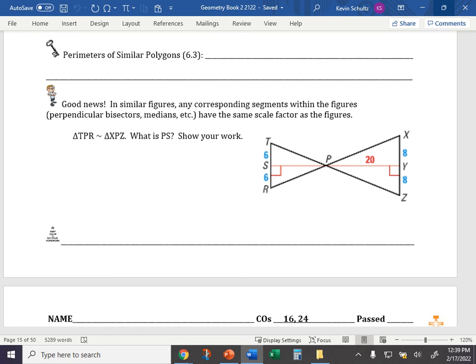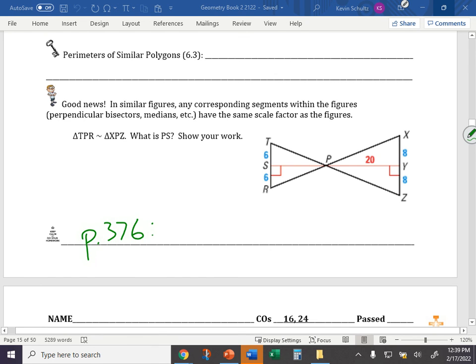Your homework for tomorrow is. Oh, Gino, you know me better than that. No. I'll keep it light. I'll keep it light. We're gonna get like 15. You're gonna give us 15. No. 376, 9 through 12, and 14 through 17.